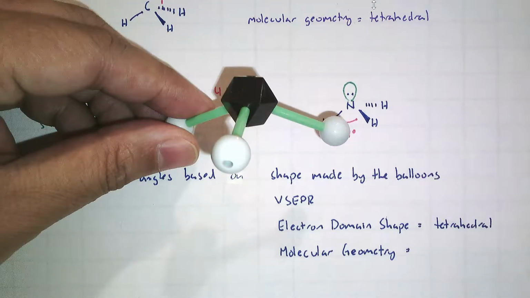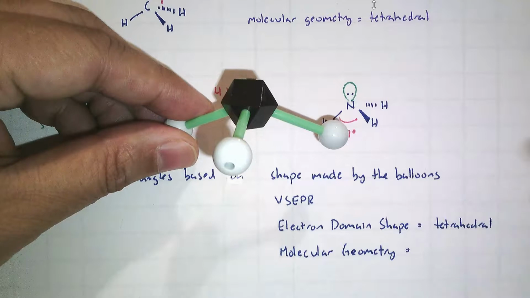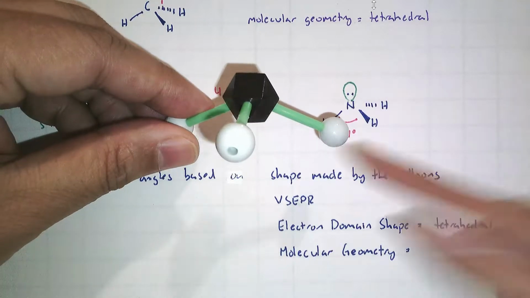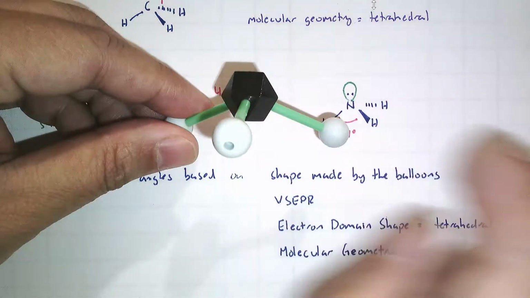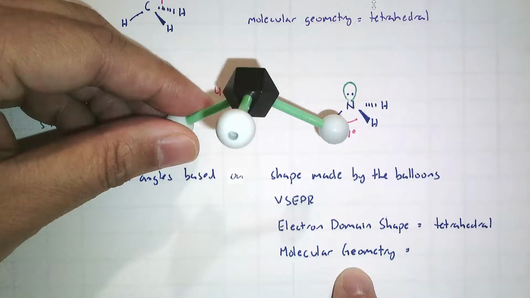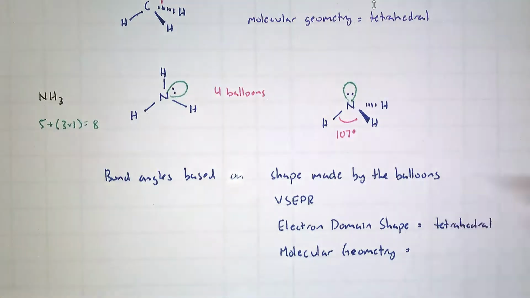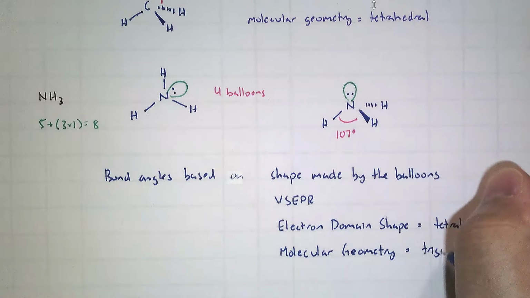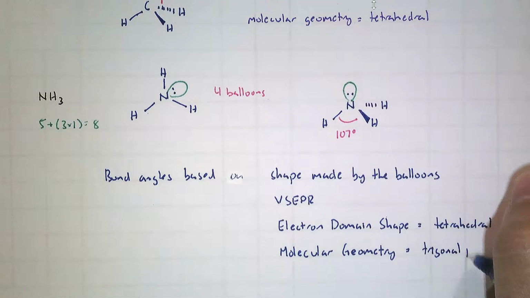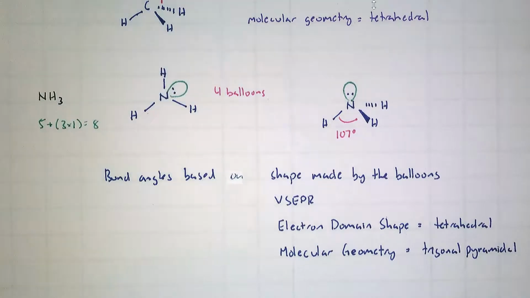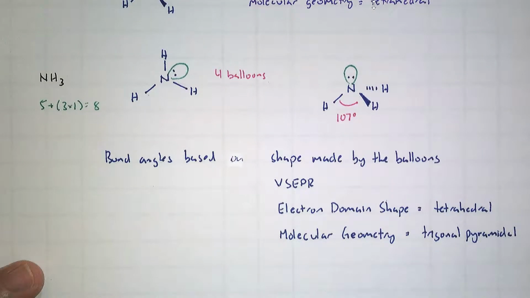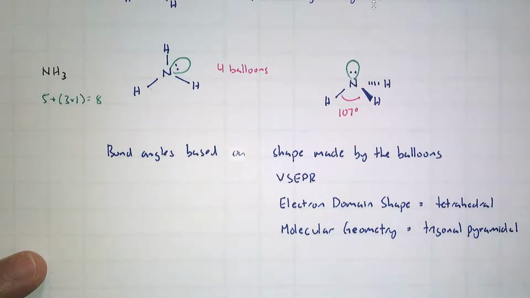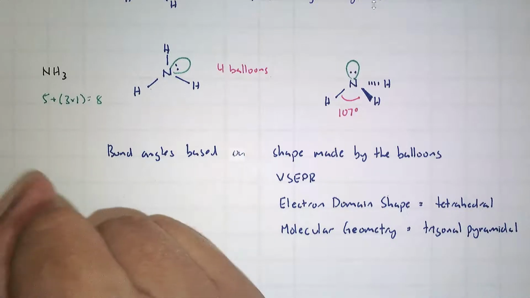The electron pairs and balloons cause the shape made by the atoms, but we only look at the atoms when we talk about the molecular geometry. This is called trigonal pyramidal. Ammonia is trigonal pyramidal. 4 balloons.